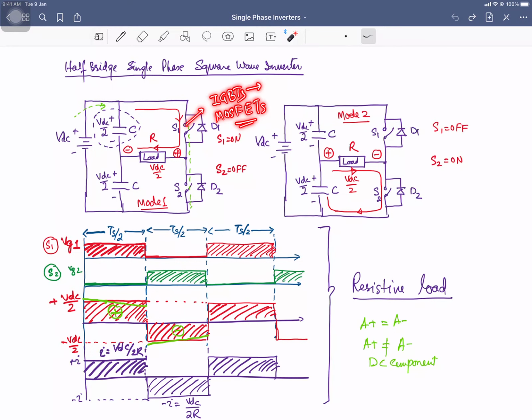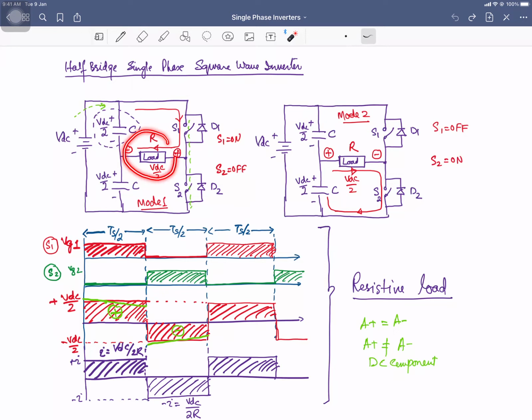IGBTs are used for medium frequency high power applications, and MOSFETs are used for high frequency medium power applications. So, we have two switches, and with the help of these switches we can convert this DC voltage into a square waveform. Means two voltage levels, a positive voltage and a negative voltage at the output of your inverter circuit.